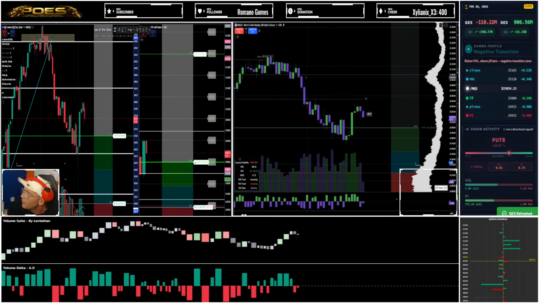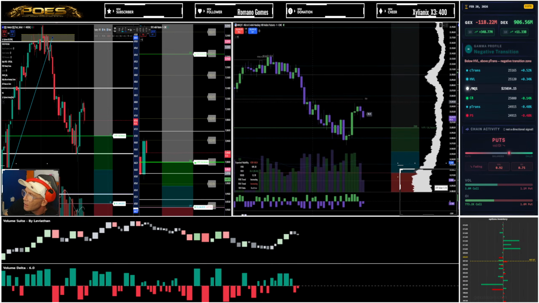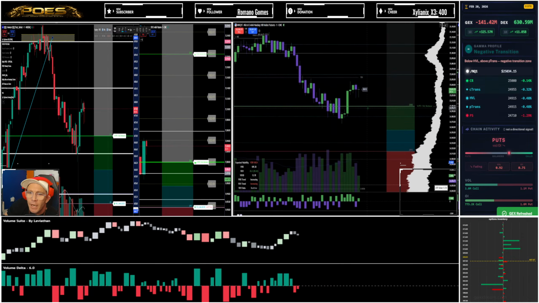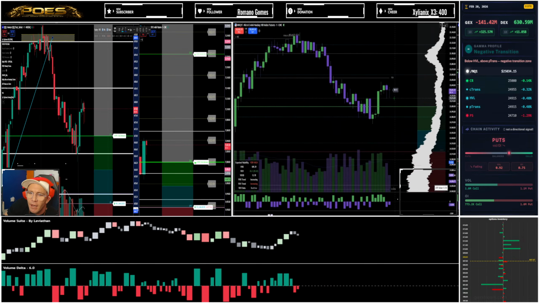Resistance 2500. That would probably be another spot to think about taking a long. Let's see this thin volume down into it. Where do we get to from here? Everything changed around. Suddenly high volume node 24,915.